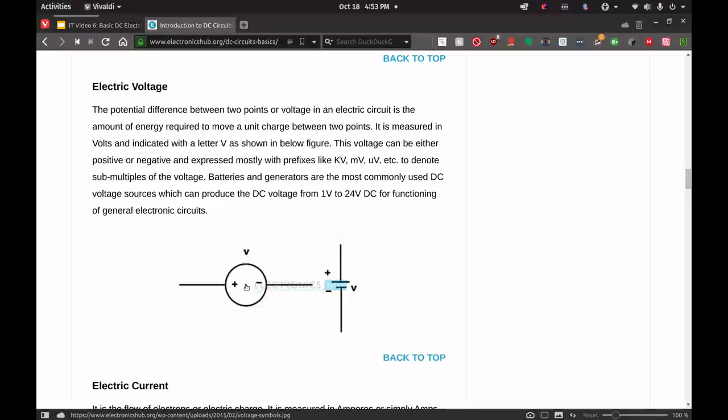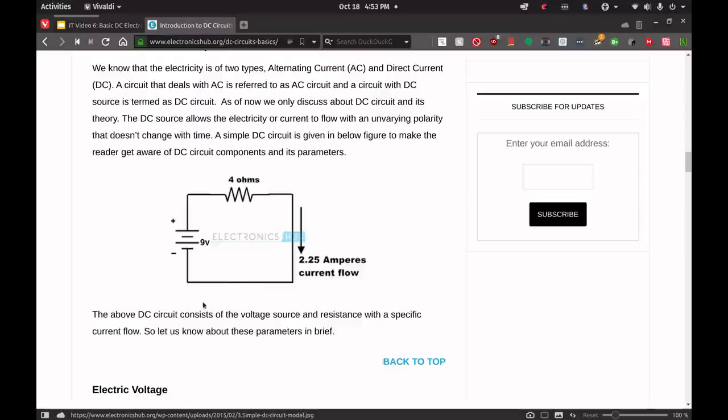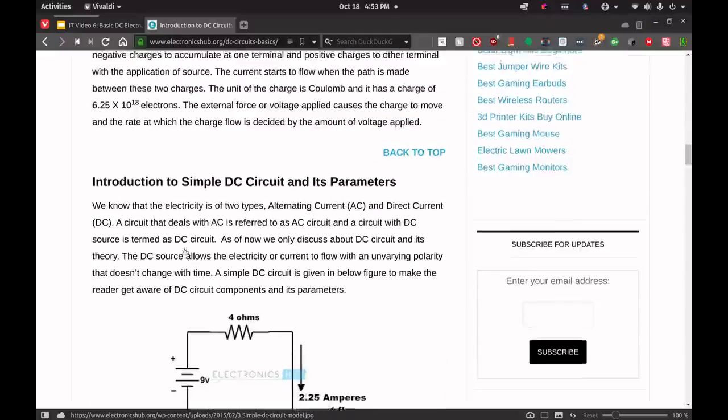If it's alternating current, then you'll have a sine wave in here. This right here is what I talked about. The correct way to show a battery is to have multiple cells in it. You may or may not see that in actual schematic diagrams.